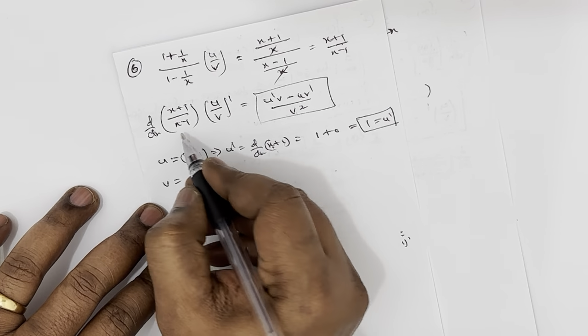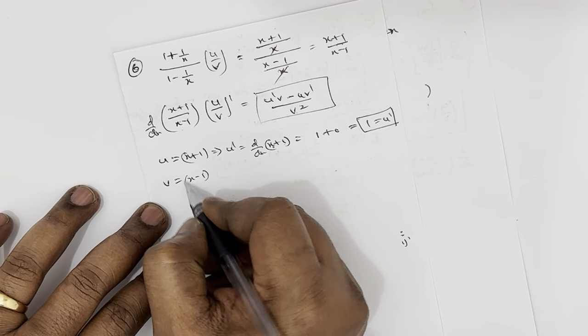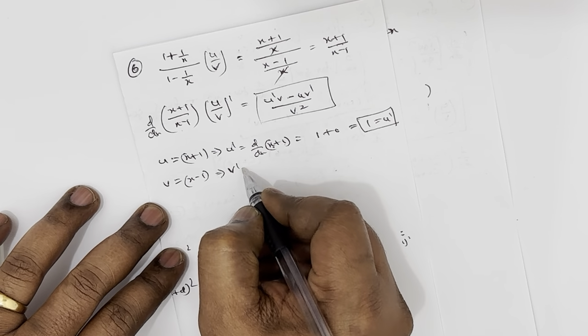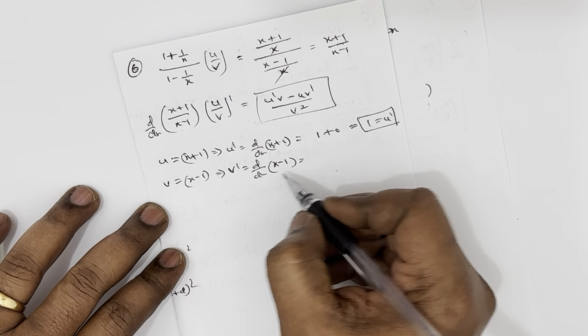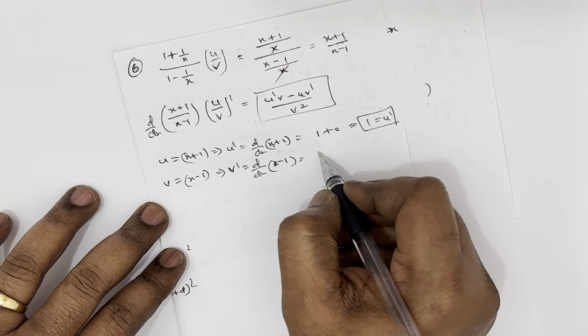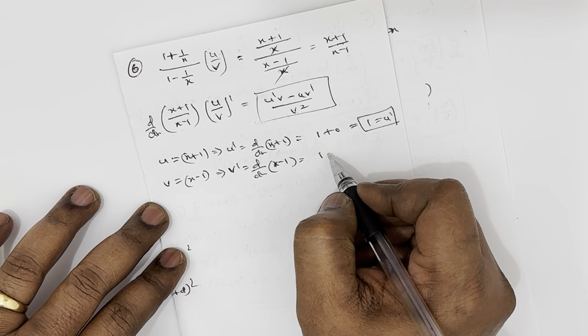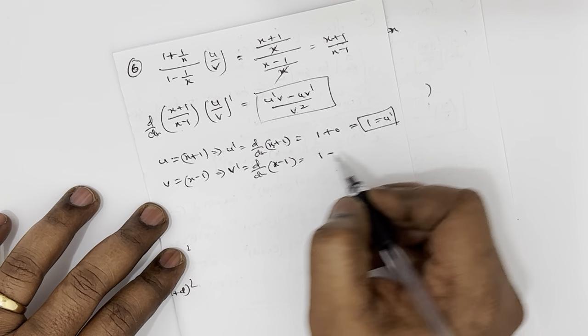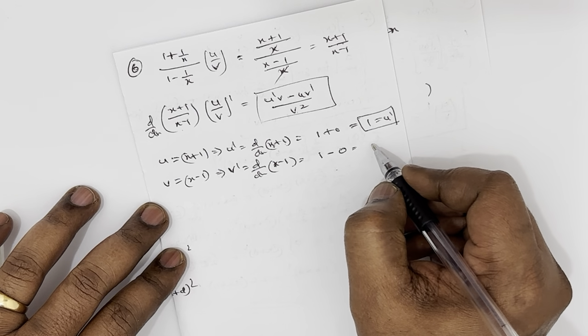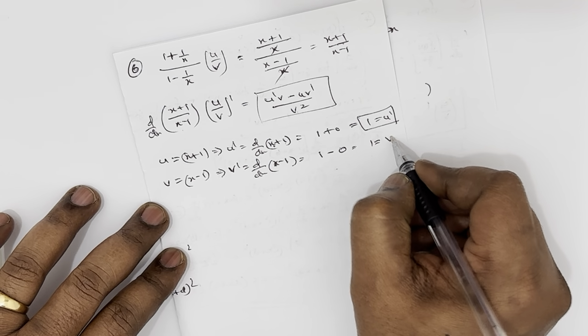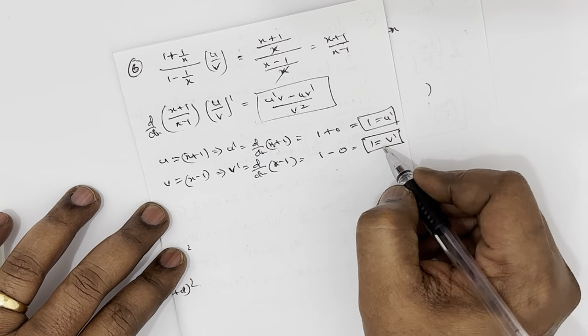Now v is equal to x minus 1, which implies v dash is equal to the derivative of x minus 1. So the derivative of x will be 1 minus the derivative of 1 will be 0, because this is a constant. Okay, so we have v dash is equal to 1. Both u dash and v dash are 1.